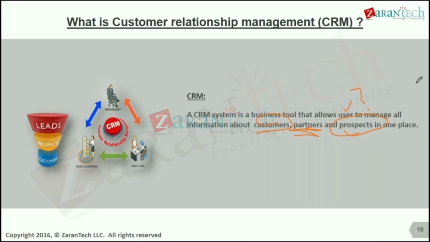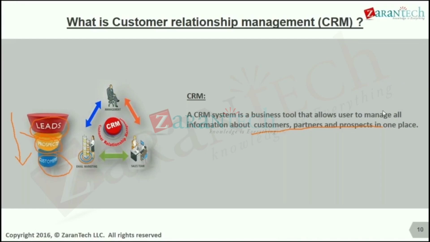The request will go to that particular distributor or wholesaler, whoever he is. When the product is delivered to your doorstep, this is done through e-cart logistics. All these distributors, wholesalers, and e-cart logistics are their partners because they are helping fulfill the request. And at the end, there is the prospect. Who is this prospect? This is the person who may be interested in buying the product in future. That's when prospecting comes into the picture.